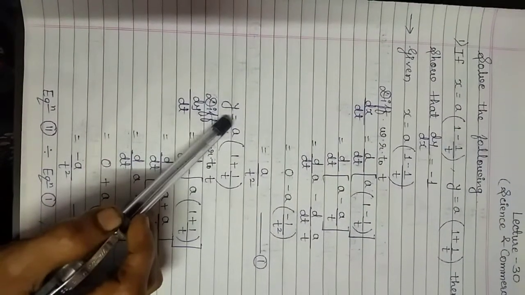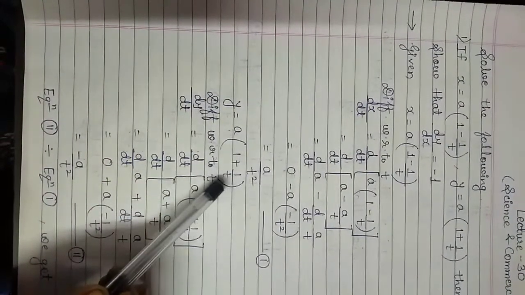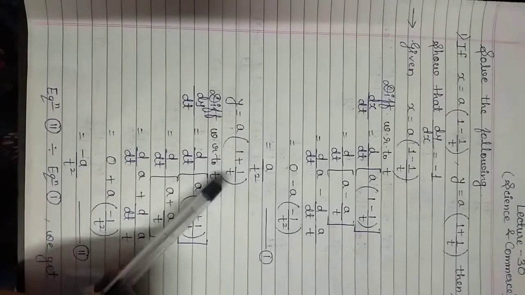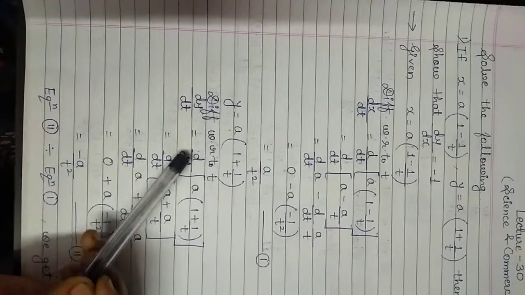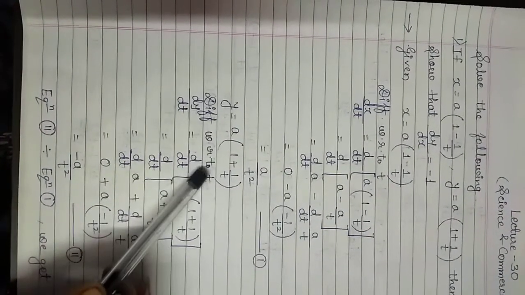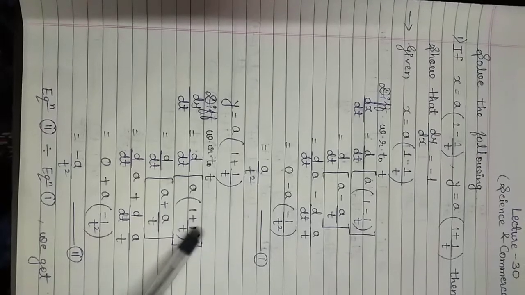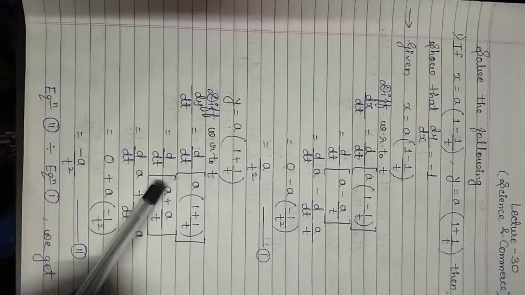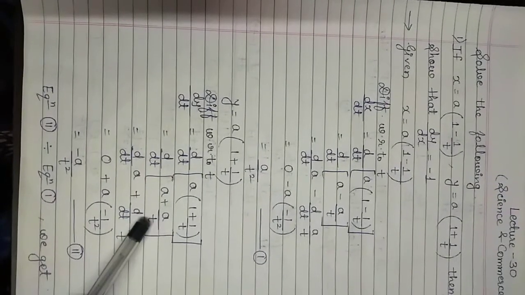Now as y is equal to a into 1 plus 1 upon t, differentiating with respect to t, we will consider d by dt to both the sides. So dy by dt is equal to d by dt of a into 1 plus 1 upon t. Multiplying this bracket by a, we will get a plus a upon t.